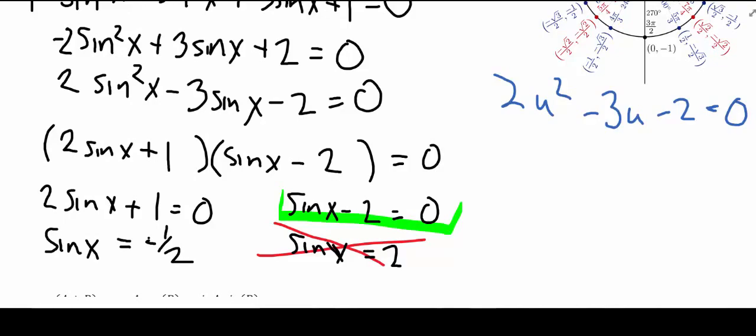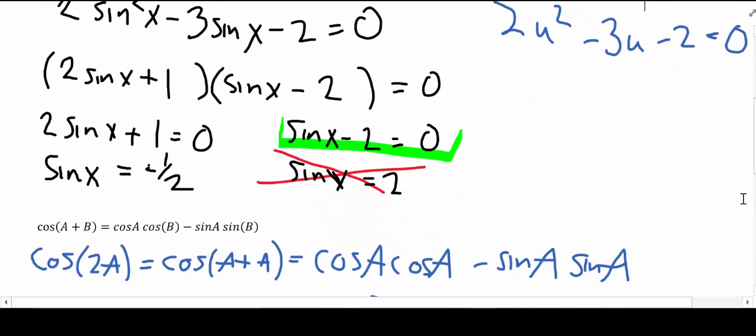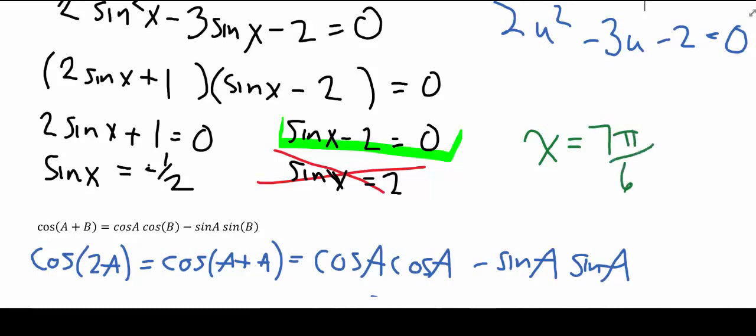So now I go to my unit circle and ask, where does sine of x equal negative 1/2? Sine is the y values, so I look here, where is it equal to negative 1/2? Well, that would be here, and that would be here. So 7 pi over 6 and 11 pi over 6. So I know that my values, x equals 7 pi over 6 and 11 pi over 6. There's my answer.